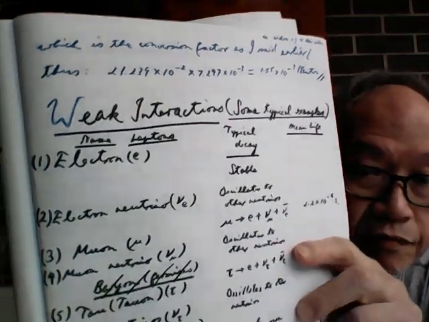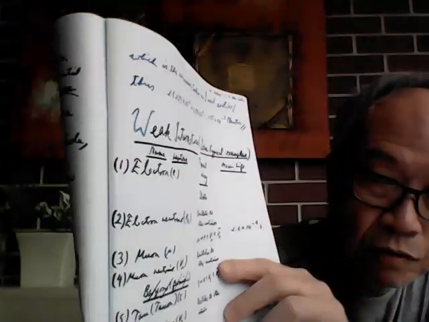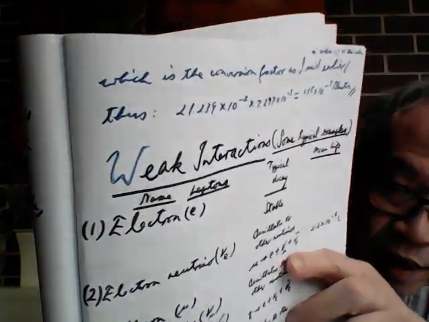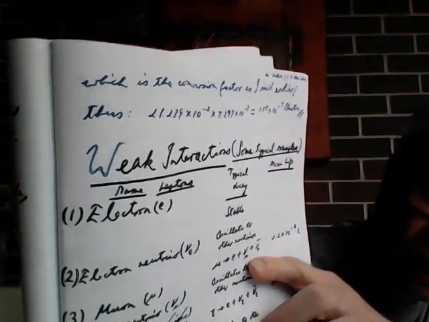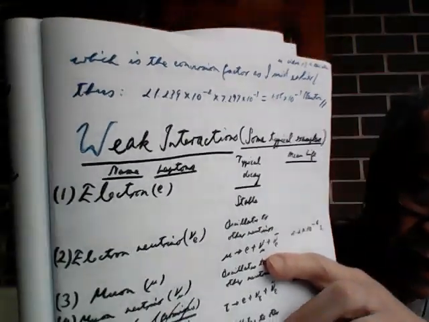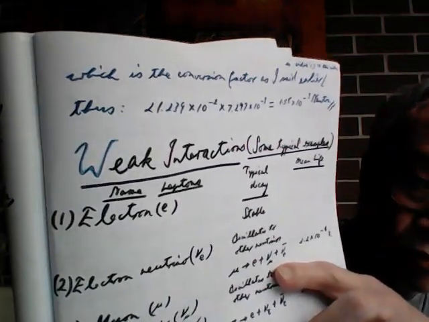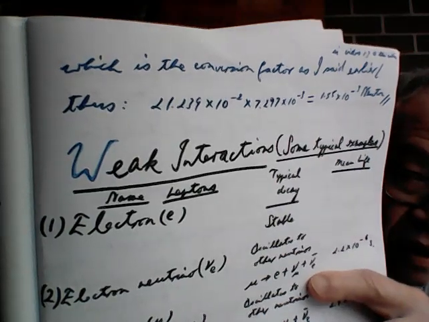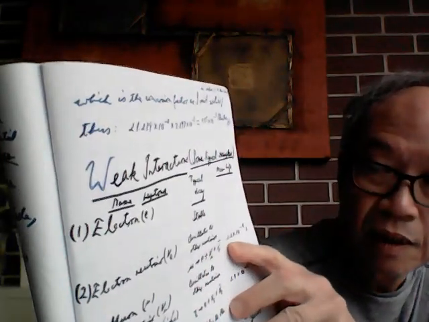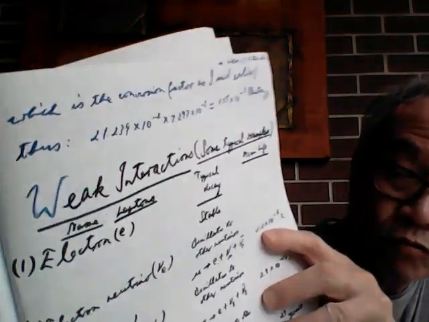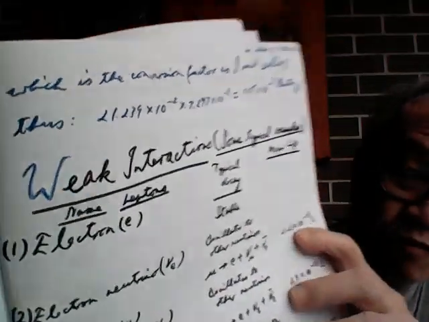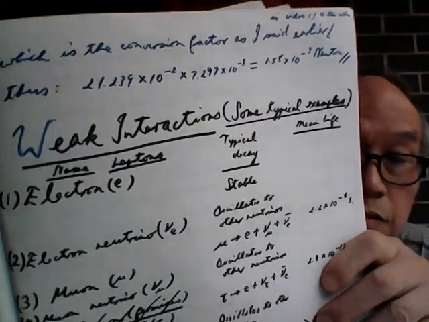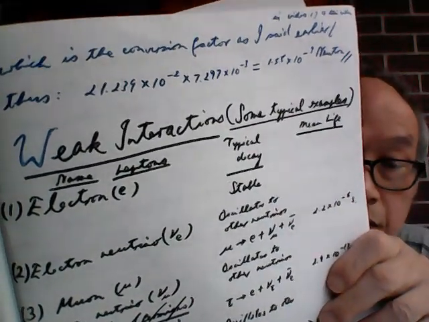Secondly, we have the muon. The typical decay is mu to an electron plus a mu neutrino plus an anti-electron neutrino. And the mean life is 2.2 times 10 to the power minus 6 seconds. You look at how transient it is.